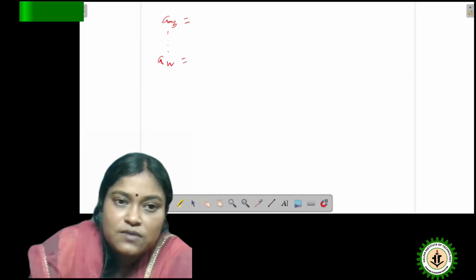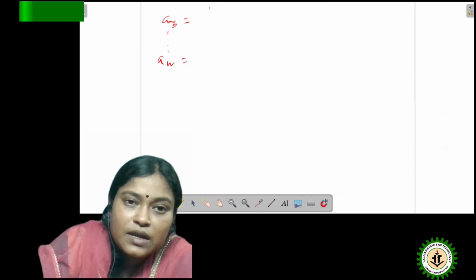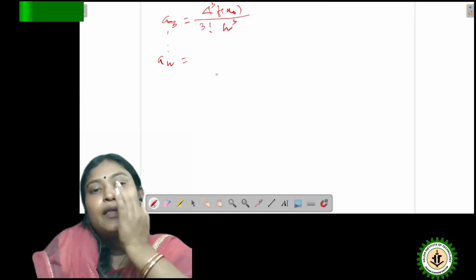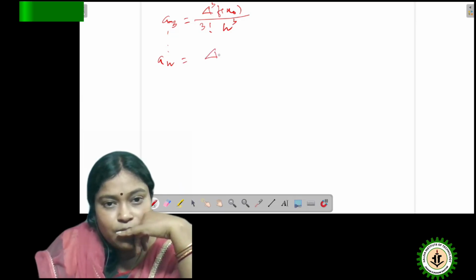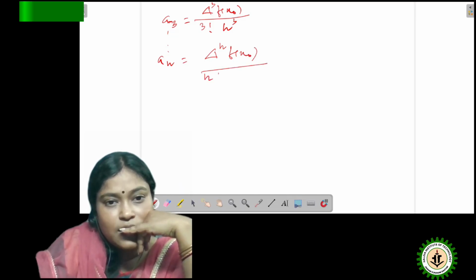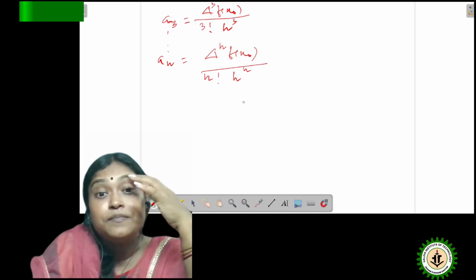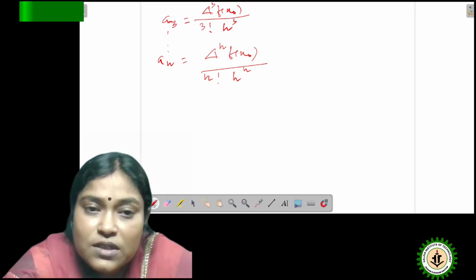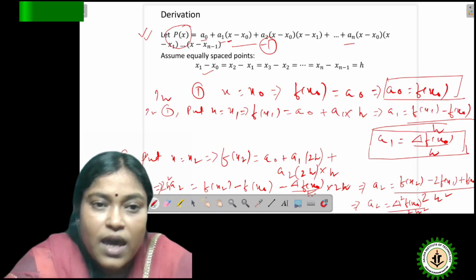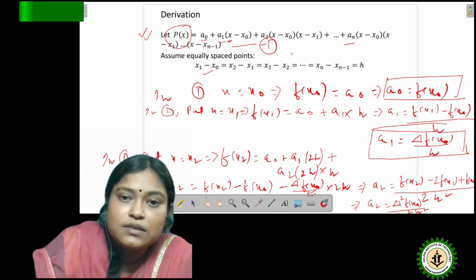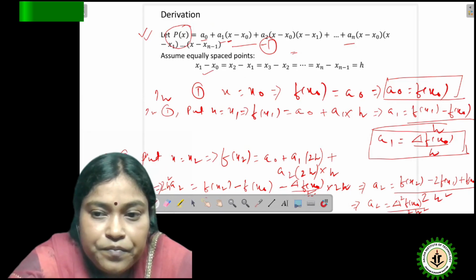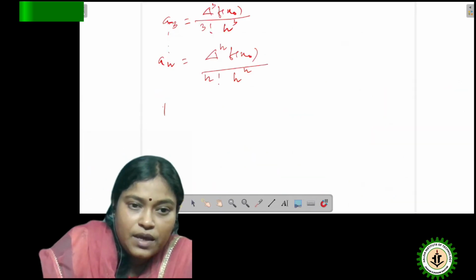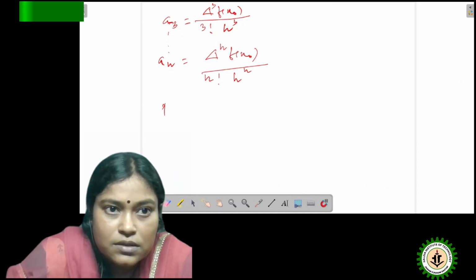So if I proceed for a3, I will get delta cube f of x naught by factorial 3 into h cube. And an will be delta to the power n f of x naught by factorial n into h to the power n. So if I put these values of a naught, a1, a2 up to an in this equation, I will get p.